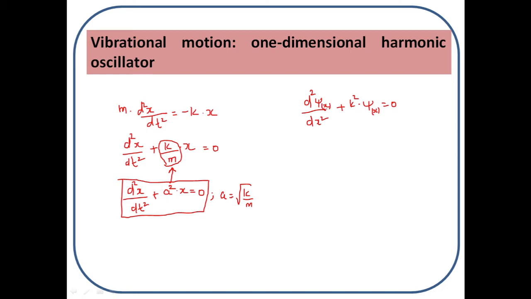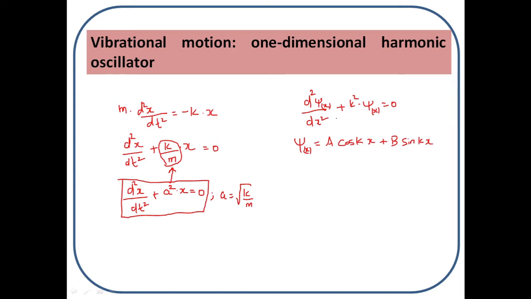So this is a standard second order differential equation whose solution is given by psi of x equal to, say, some coefficient a cos kx plus b sin kx. Either of these two functions or a linear combination of these two functions will be the solution of the standard second order differential equation.